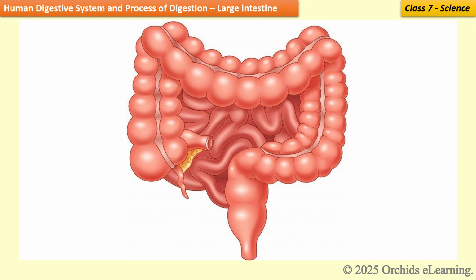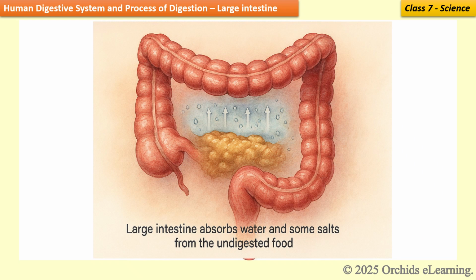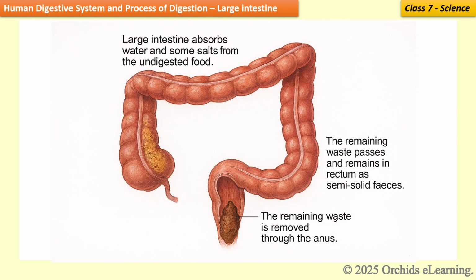It is wider and shorter than the small intestine and approximately 1.5 meters in length. It absorbs water and some salts from the undigested food. The remaining waste passes and remains in the rectum as semi-solid feces. The fecal matter is removed through the anus.